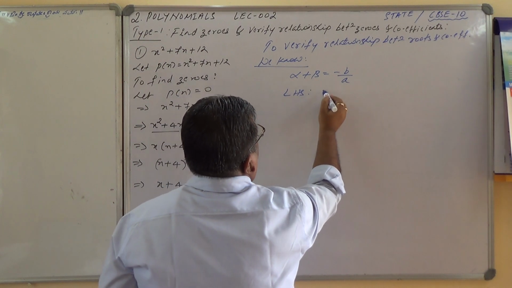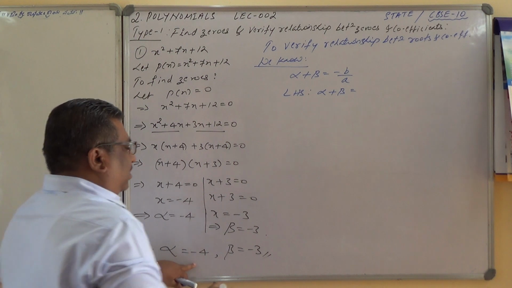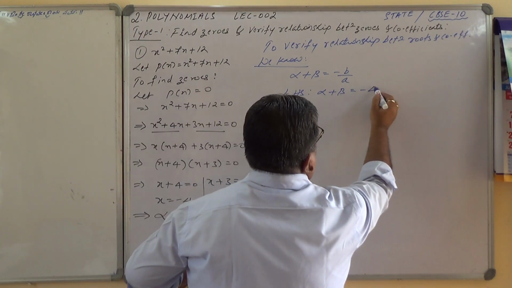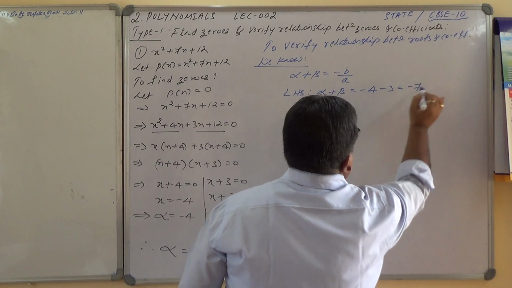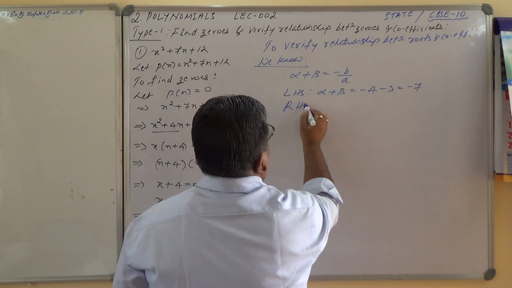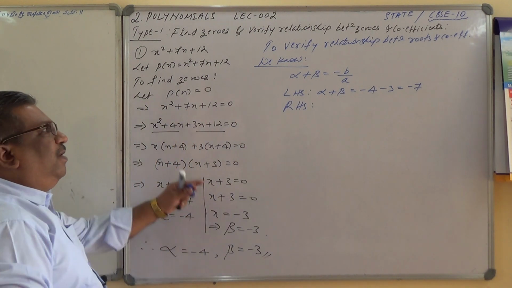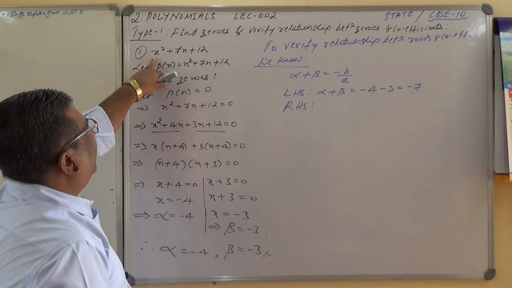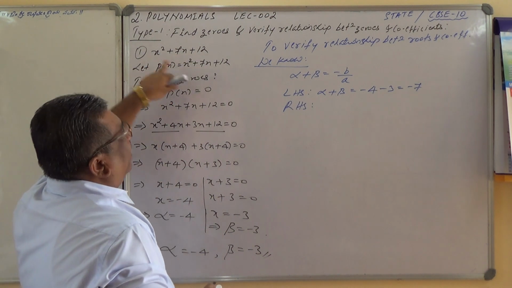LHS: alpha plus beta equals, what is the value of alpha here? Minus 4. Beta is minus 3, which equals minus 7. So RHS equals minus b by a. What are the values of a and b over here? a is 1, b is 7, c is 12. So what is the value of minus b by a?